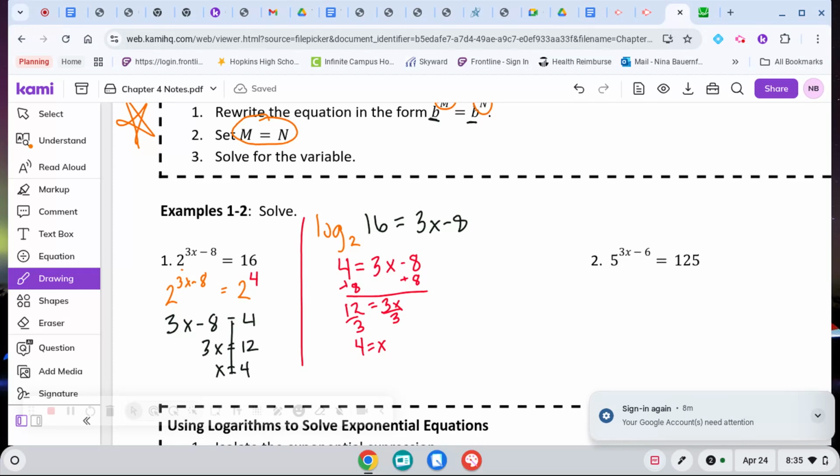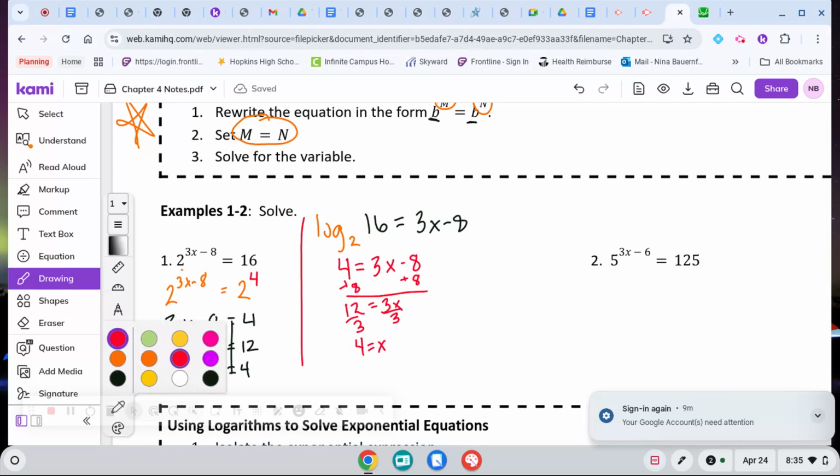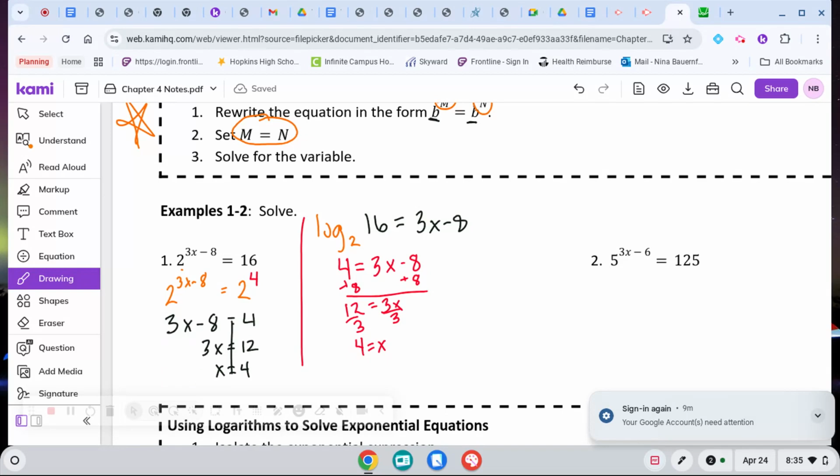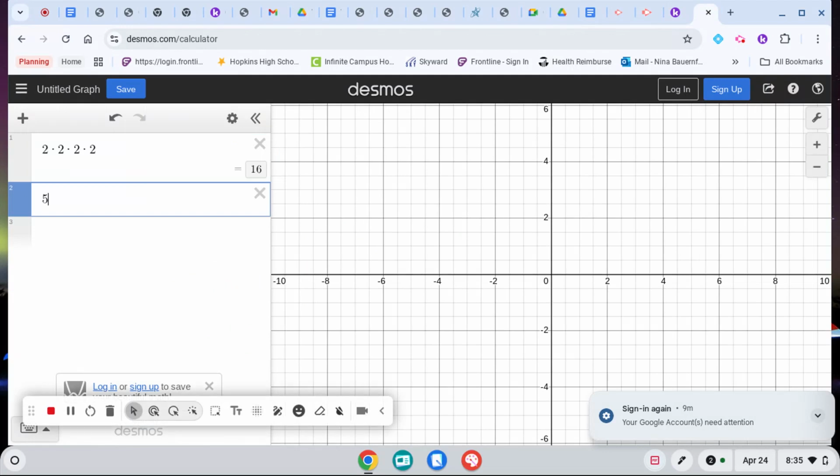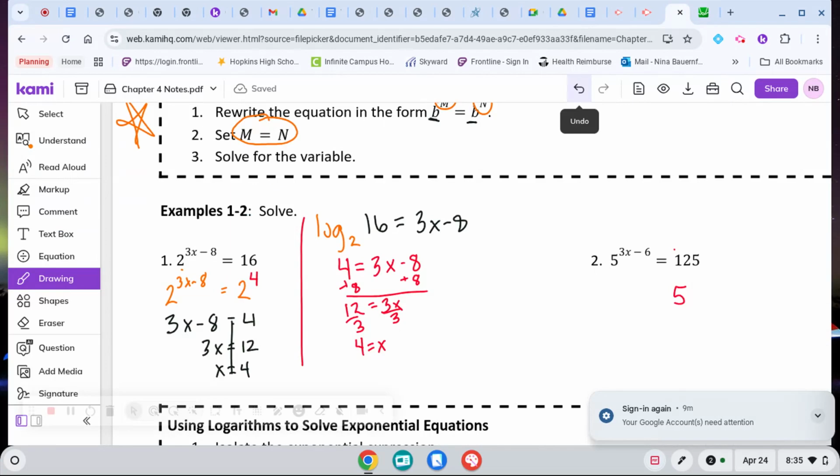So if we stick to just that new method in this other one, what we would want to do is try to get this to be a base of 5. So we'll do 5 times itself a bunch until we get 125. So twice, 3 times. Okay, 3 times does it. So we can rewrite 125 as 5 to the power of 3.